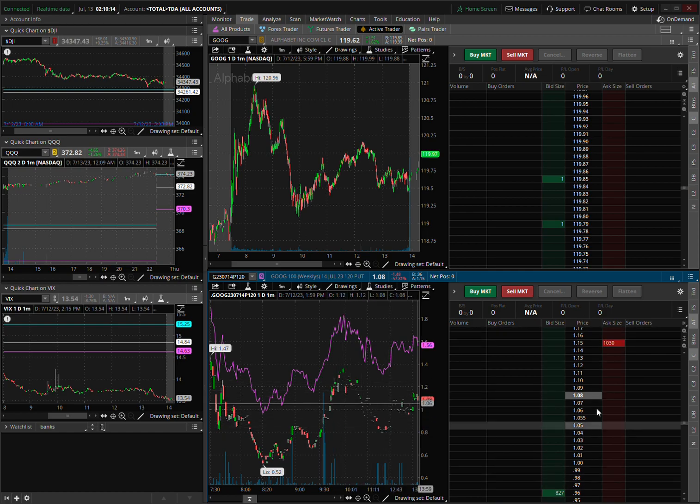And it also displays on the right side an options price. So I can look at the price movement of the options, the price movement of the underlying stock, and I can see what the chart is doing on a 1 minute chart formation of the options. And I can keep my eye on the VIX as it moves across the day.